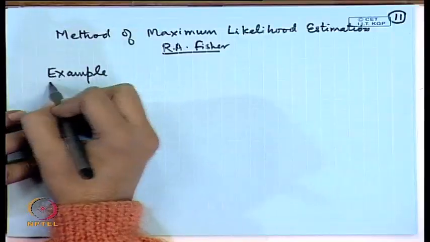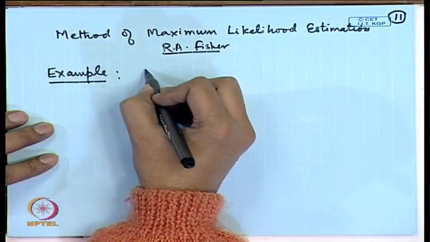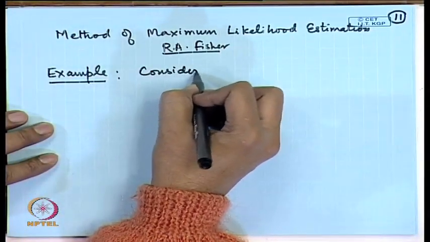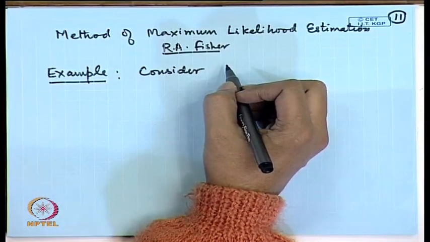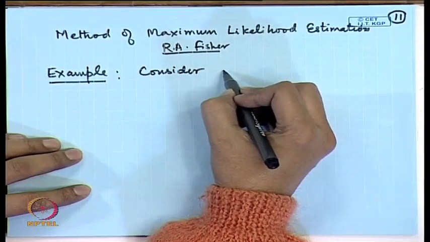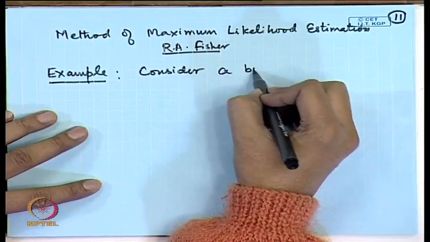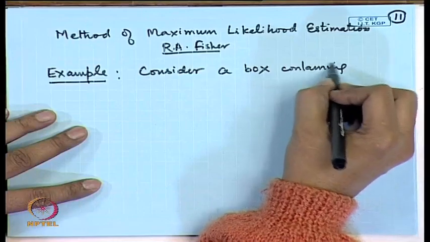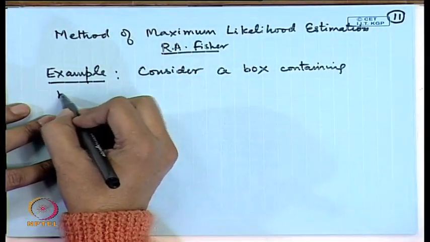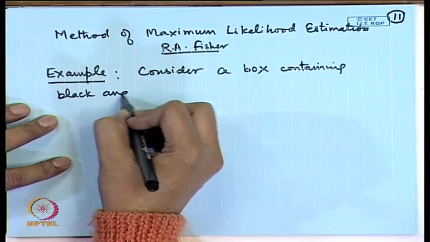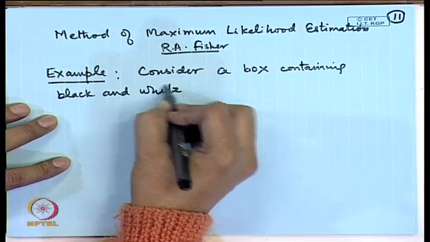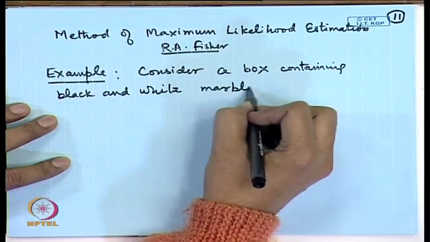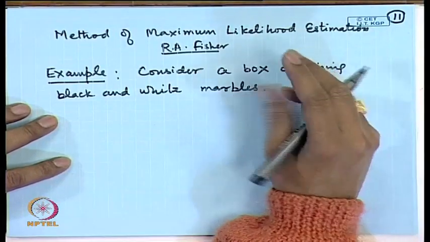So, I will introduce an example here. Consider a box containing, say, black and white marbles. So, some number is there.